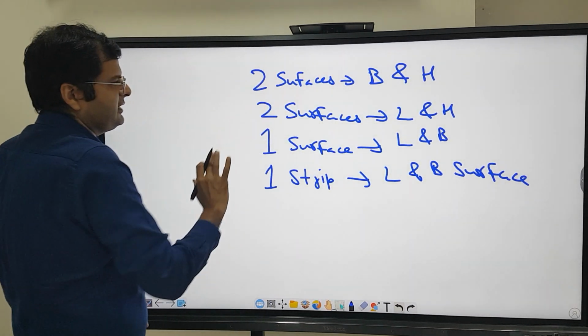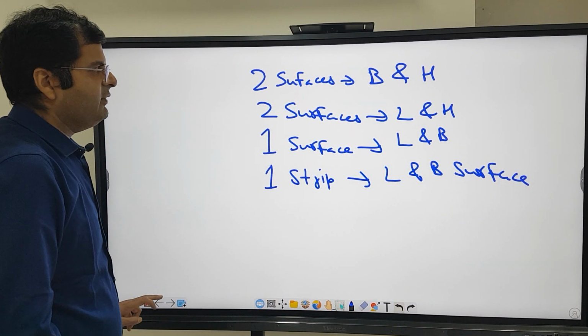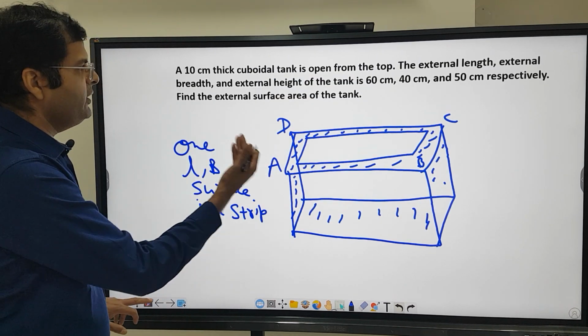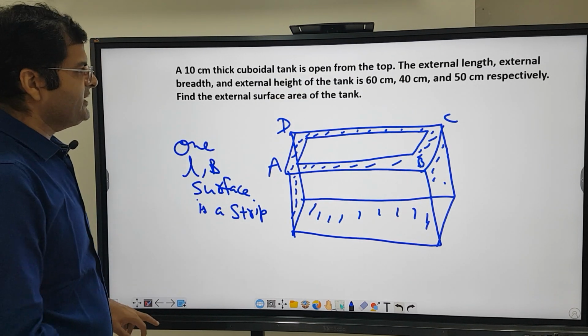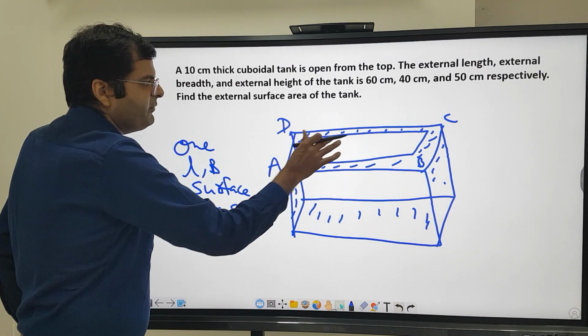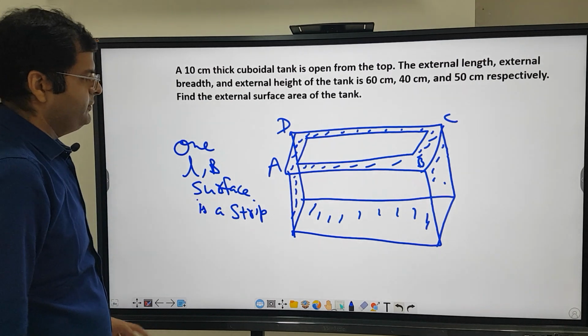So these are the 6 surfaces we have. We have to find the area of each of them. We are talking only about the external surface, so we'll take external breadth, external height and external length into consideration. Just for the strip, we will have to take care of the thickness also.